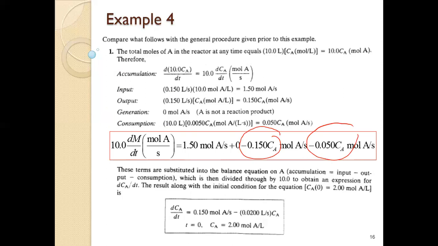This is the equation, or ODE, of the concentration of A with respect to time. And you know at t equal to 0, the concentration equals 2 moles per liter. This is the equation that you obtain from the mass balance, the first equation.